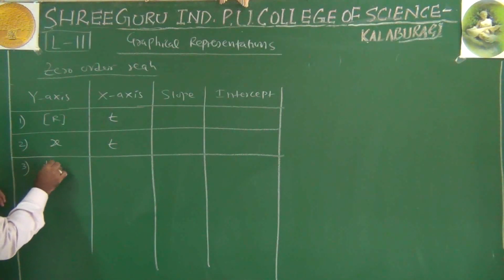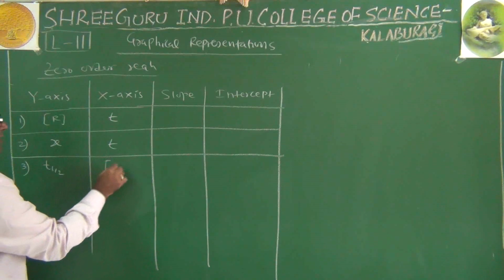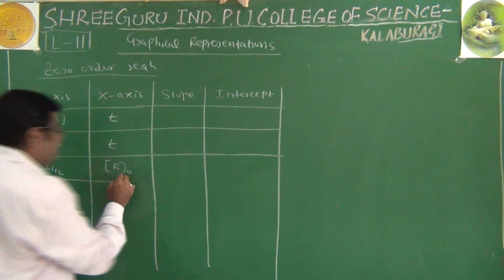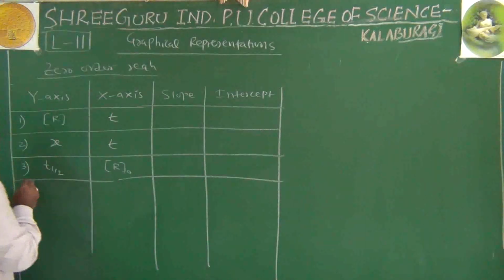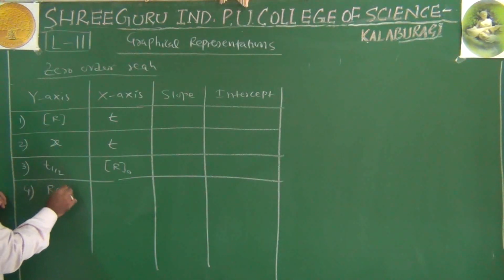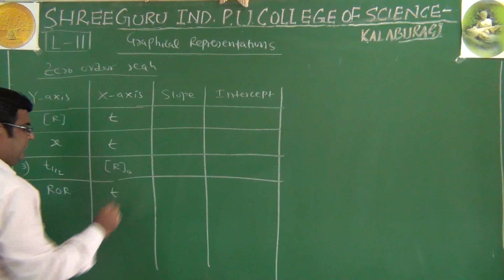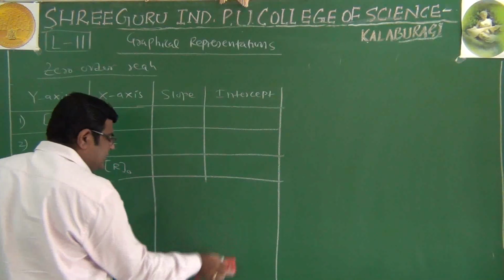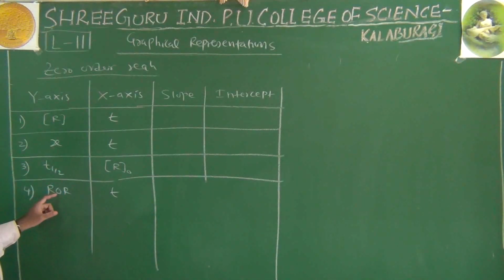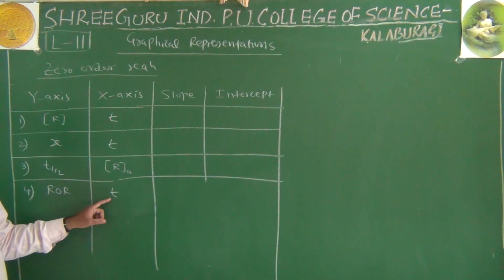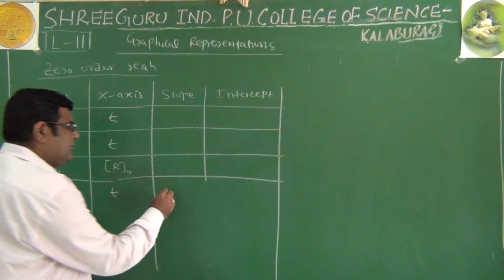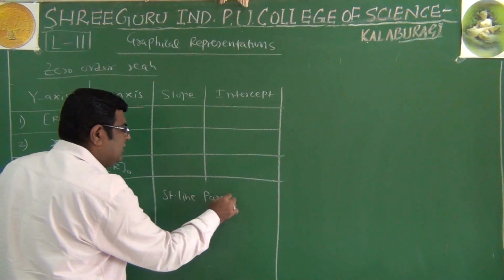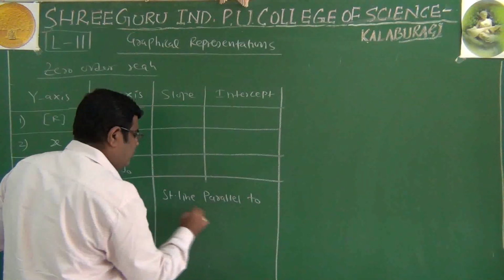Then the third will be half-life period and the initial molar concentration of the reactant. And the fourth will be rate of reaction and time. The last graph, if you look into it, the rate of reaction does not depend on the concentration of reactant in zero order. So we get a straight line parallel to the x-axis.